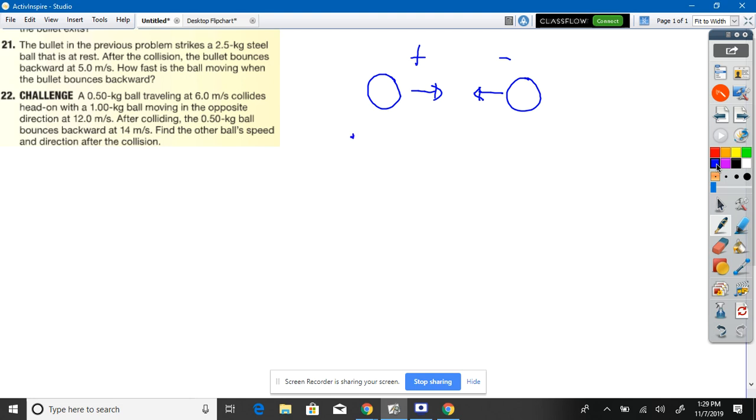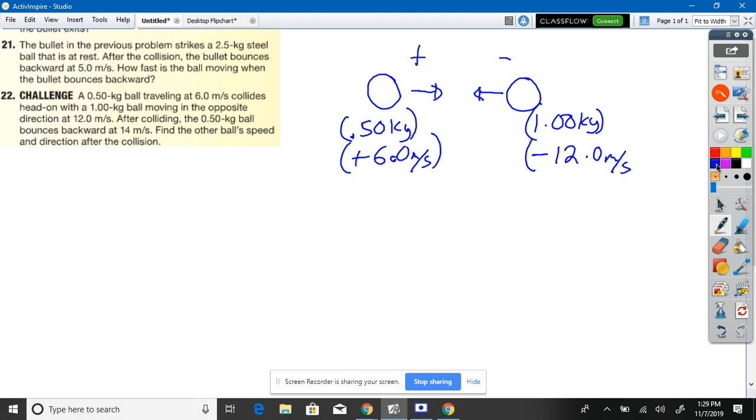So this one's 0.50 kilograms, traveling at positive 6.0 meters per second. This one's 1.00 kilograms, and it's traveling at negative 12.0 meters per second. Bigger and faster.